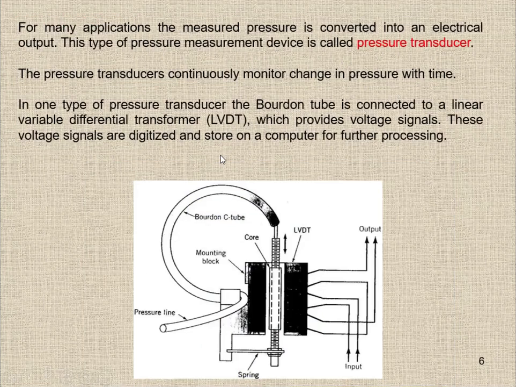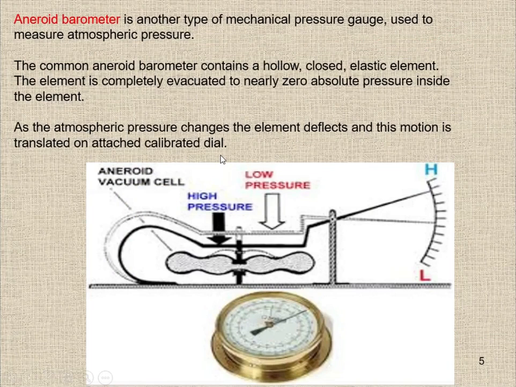Let's move on to another type, because these pressure gauges are basically analog pressure gauges: you have to observe, translate and read the values directly from the gauges and convert them into the reading.